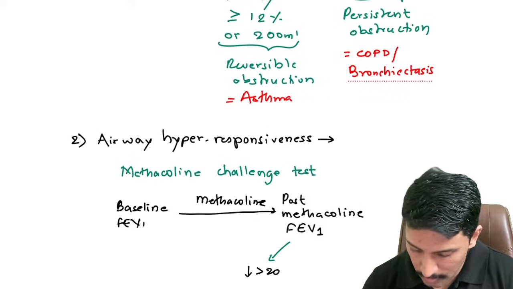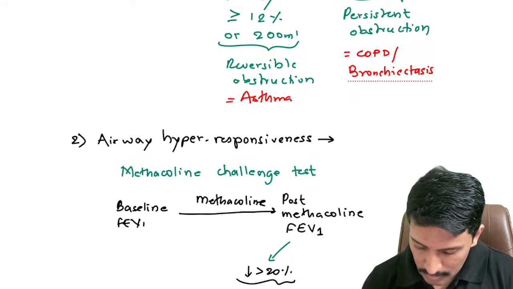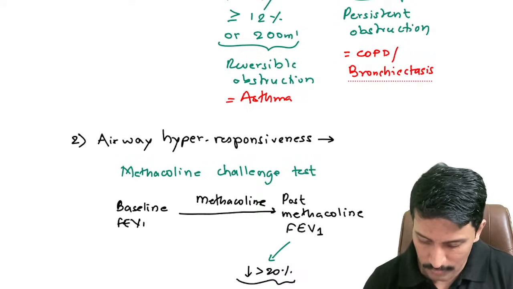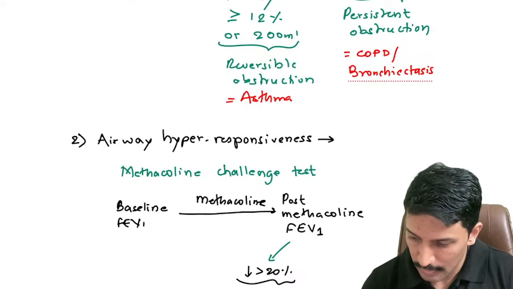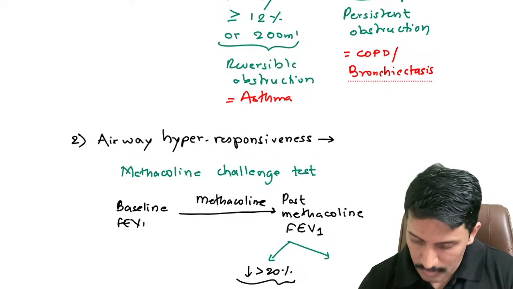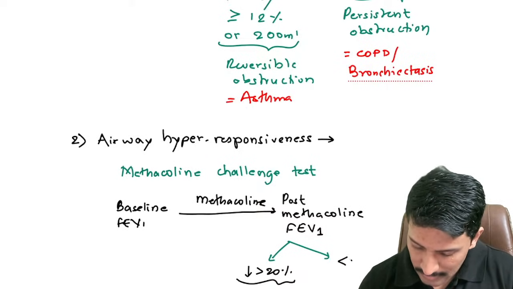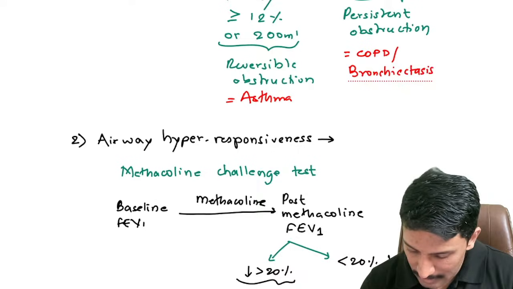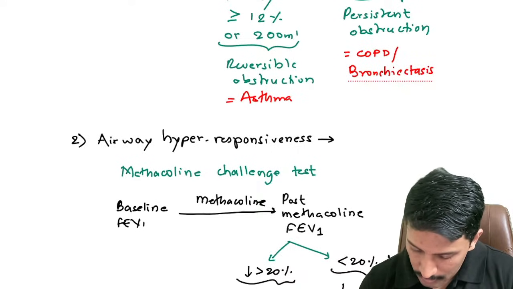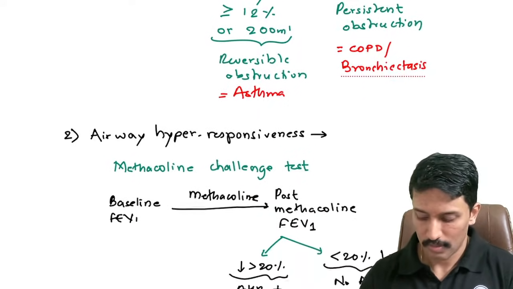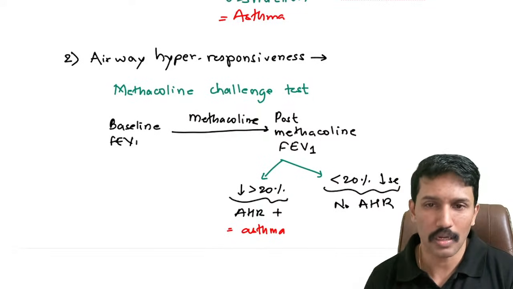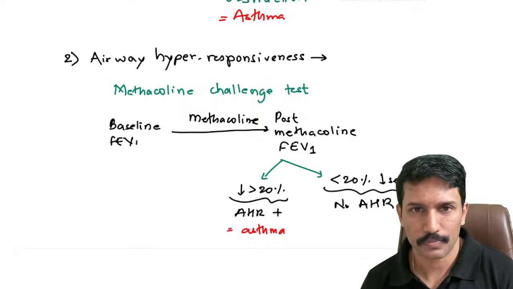Decreased by more than 20% means airway hyperresponsiveness is present, and for us that is equal to asthma. But if there is less than 20% decrease in FEV1, then we would say there is no airway hyperresponsiveness. So probably it's not a case of asthma, right? That is going to be our approach.